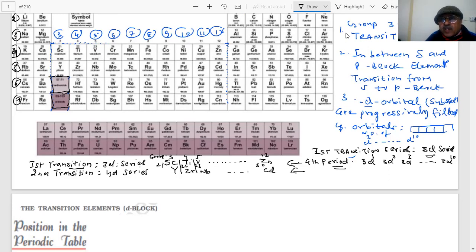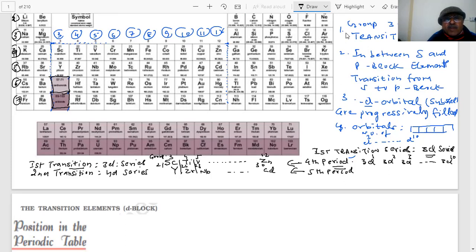Which period is this? Fifth period, because the 4d subshell comes in the fifth period. The outermost shell will be 5s2. Because n equals 5, the outermost shell is always the period number, as we have told you already. So students, what will be the atomic number of yttrium?